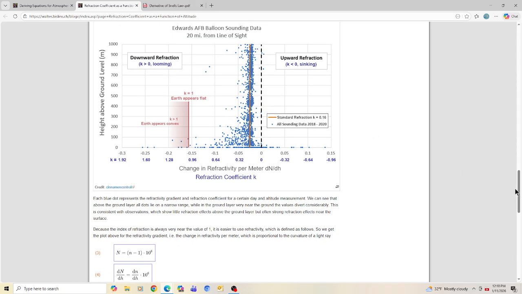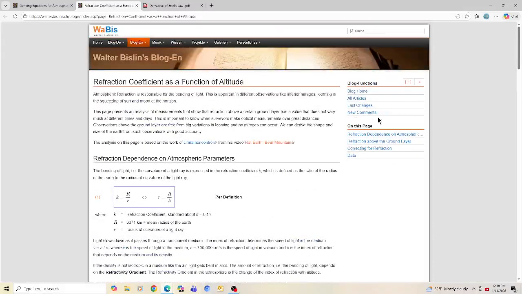Okay, that is why this document is titled Refraction Coefficient as a Function of Altitude, as a function of altitude change. Light moving and changing altitude as it comes from the celestial to the surface, the planet, star, sun, to the surface.